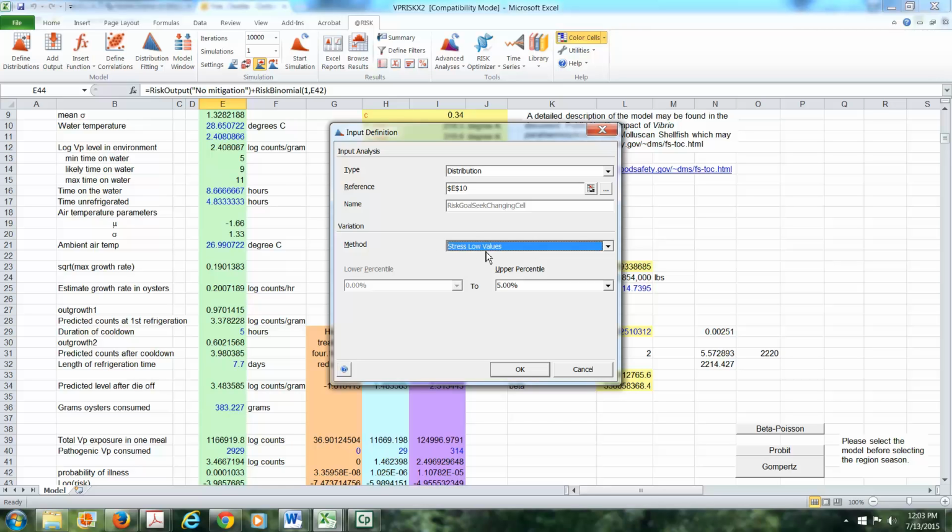Don't sample from the entire distribution anymore. And in particular, I'd like you to take all the samples from the 0th percentile through the 5th percentile. So we could change this in any way we like to take values between any two percentile values. So I'm saying take only the lowest temperature values here.